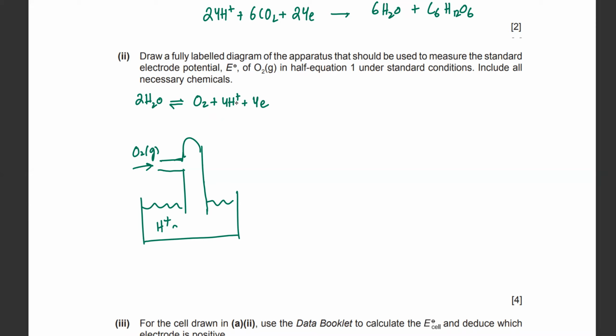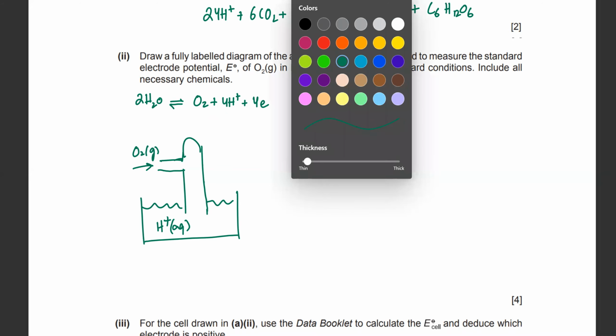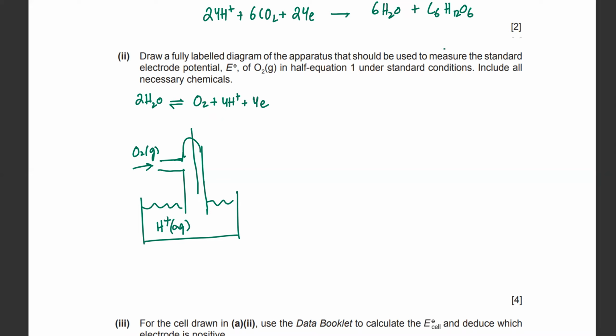In aqueous state, water is always there, because whenever you have a solution, there is water. You're going to put a platinum electrode over there as well. You have to fully label this. This is the equilibrium that's established over here. Draw a fully labeled diagram of the apparatus that should be used to measure the standard electrode potential. Now I'm going to attach it with a voltmeter, and the voltmeter would be attached to what thing?